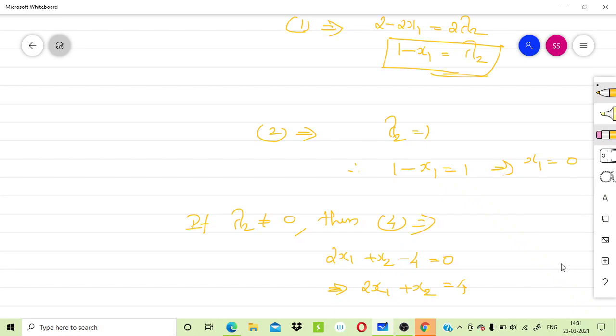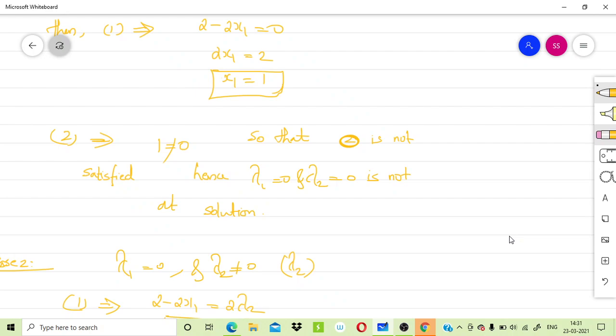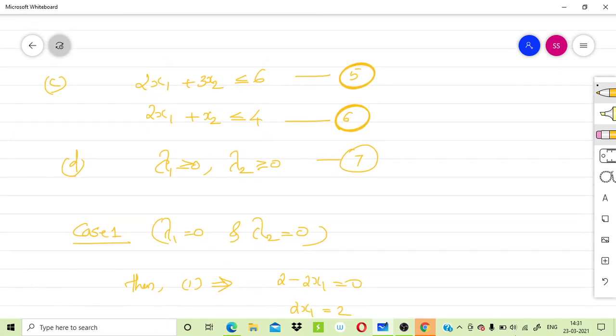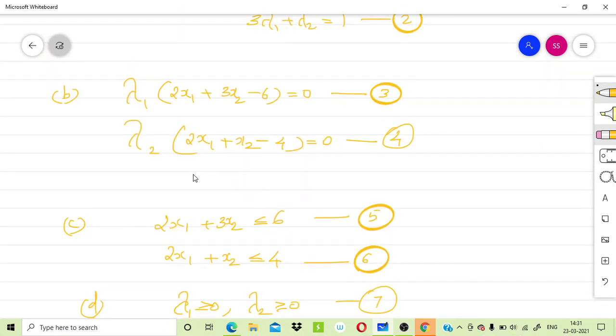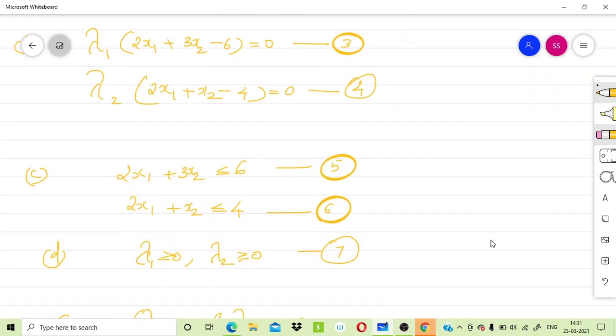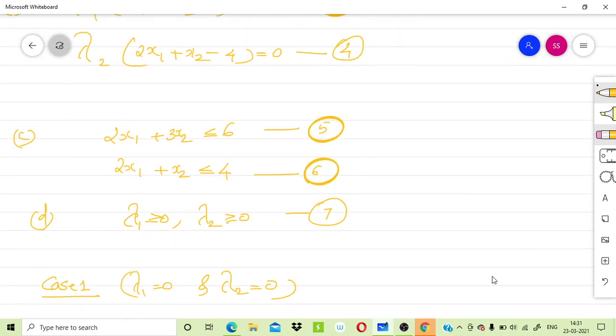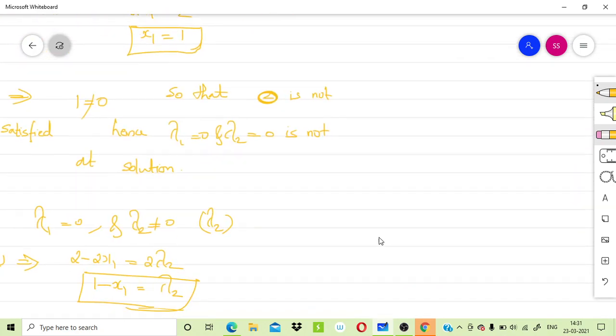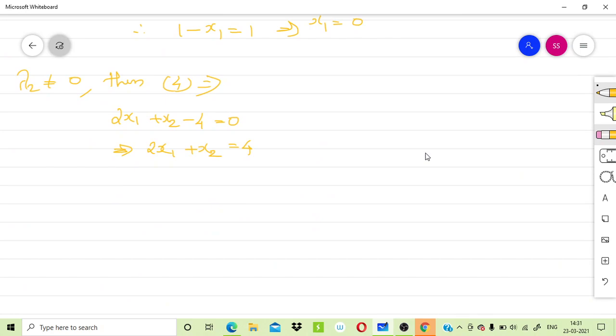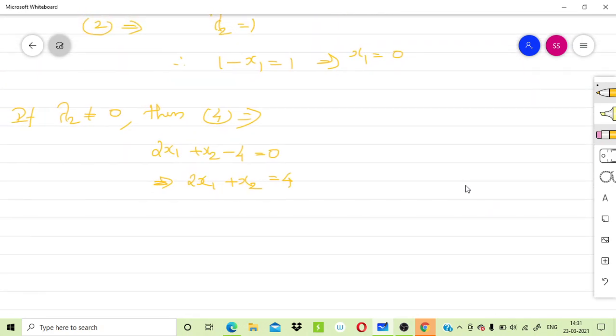Lambda 1 is 0 and lambda 2 is not equal to 0, so 2x1 plus x2 minus 4 is 0. We have x1 equal to 0, so that means x2 equal to 4.